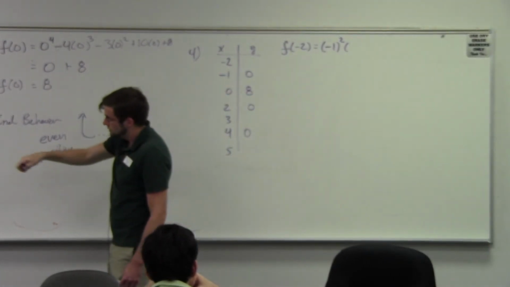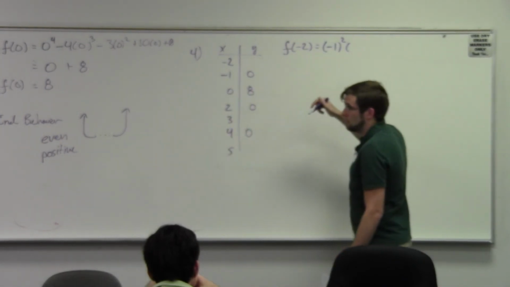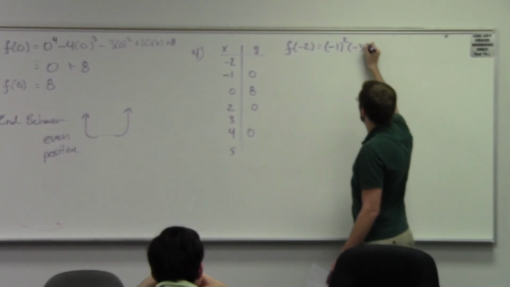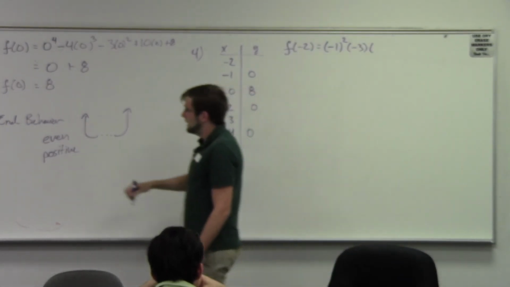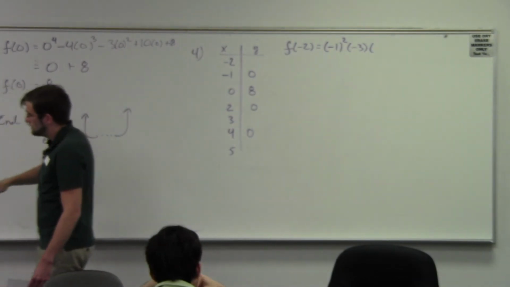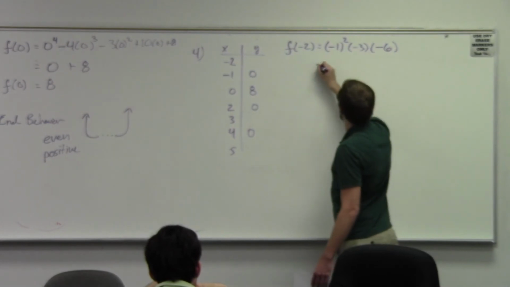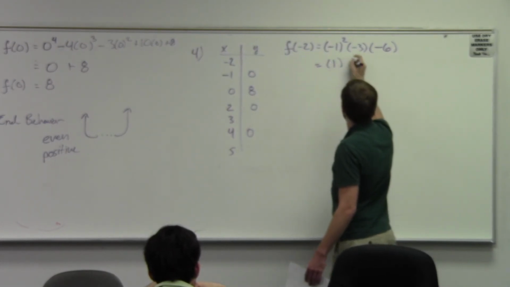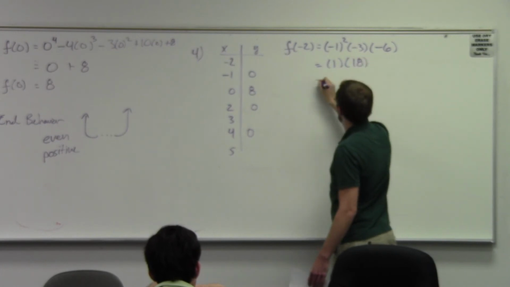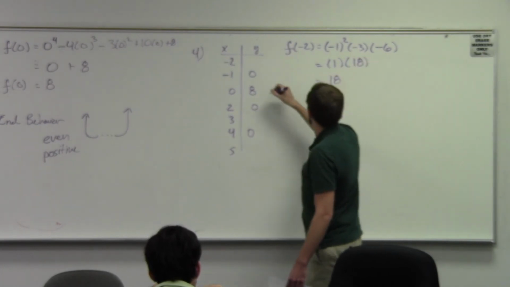Then negative 2 minus 2 is negative 3. And negative 2 minus 4 gives me negative 6. I have positive 1, and negative 3 times negative 6 is 18. So I get 18.